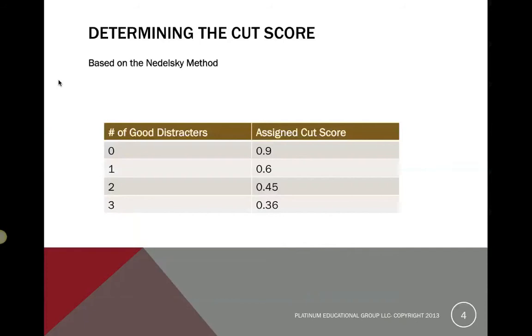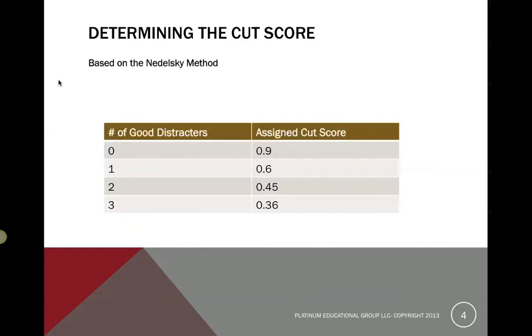If there's the right answer and 2 really good distractors, wow, it's one of these 3, then the item would be assigned a cut score of 0.45, and if all 4 answers are pretty much the same, you would need a 0.36.